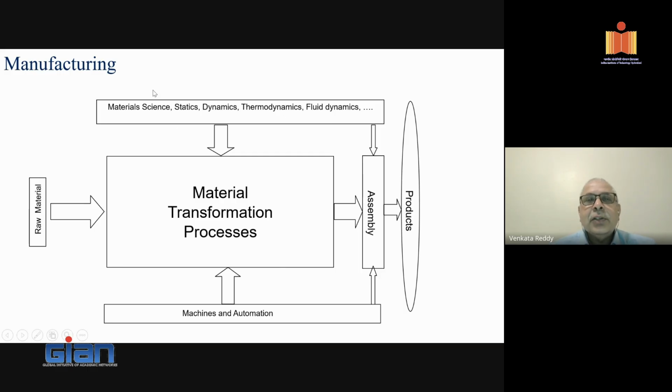I will not be getting into any of them in this slide, but just to touch on them: material science, statics, dynamics, thermodynamics, fluid dynamics, heat transfer, whatnot. Okay, all that will play an important role because a machine is rotating, a component chip is getting generated, or deformation is taking place. In addition to raw material and machines, then you will be assembling those components, and then you will be producing the product.